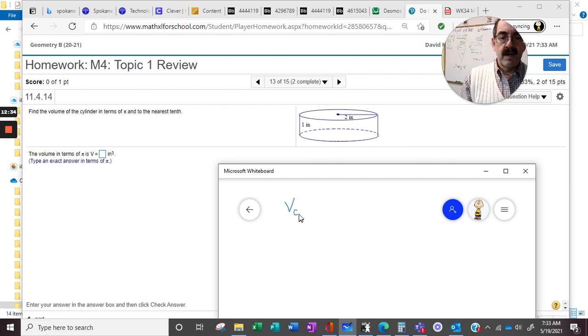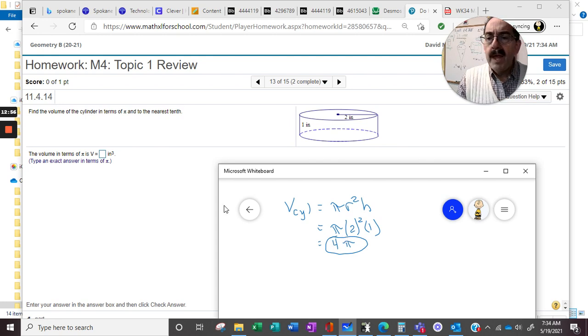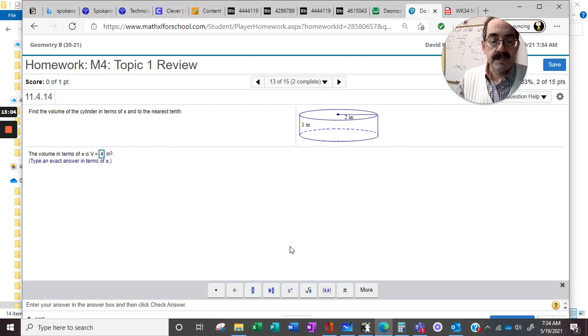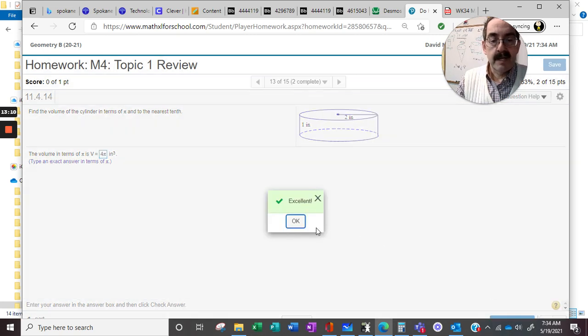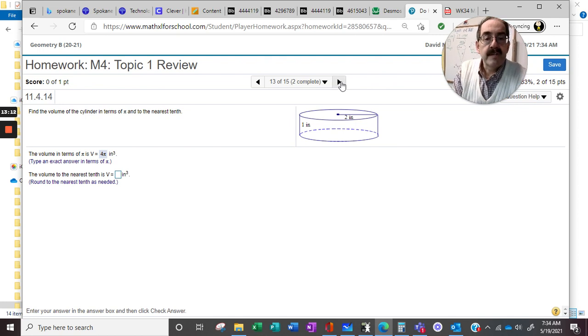The volume of a cylinder is pi r squared, area of the bottom, times h, how tall. So in this case, pi, 2 to the 2 power, h. 2 times 2 is 4. 4 times 1 is 4. So 4 pi. And the reason I don't multiply out pi is because it says exact answer in terms of pi. So again, if you multiply it out and it doesn't say it's right, don't stress. We'll still get you credit. Okay? So 4 pi. Check it.